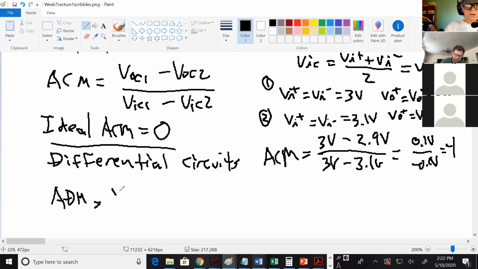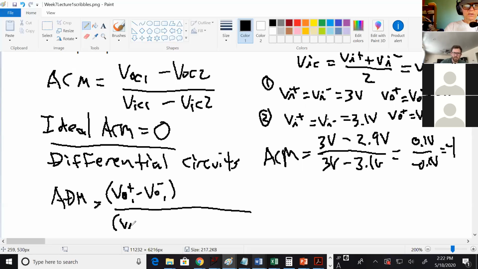So that would be V out plus minus V out minus, at some input. And then you'd change the difference, not the average of the inputs, but you change the difference between VI plus and VI minus.